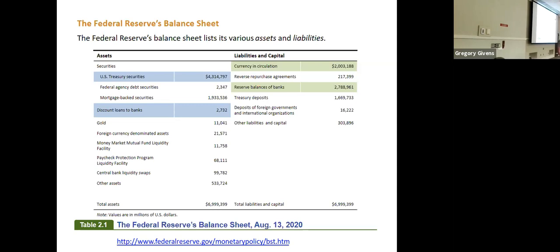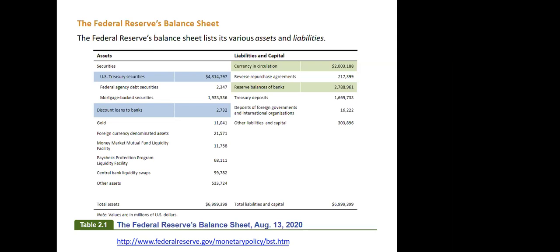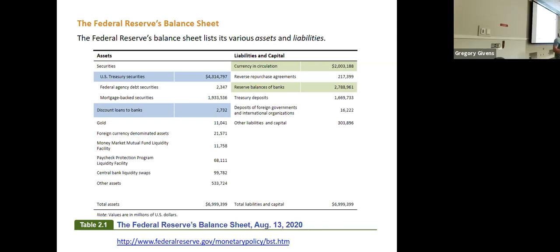Now, you can no longer go to the Fed and convert dollars into gold. However, the only thing you can convert Federal Reserve notes into are other Federal Reserve notes, right? I can take a $100 bill to a Federal Reserve Bank, and it's an IOU, and they can give me two 50s or five 20s, all right?